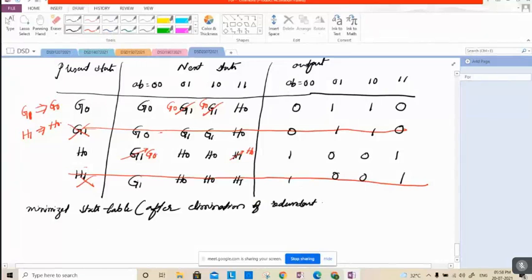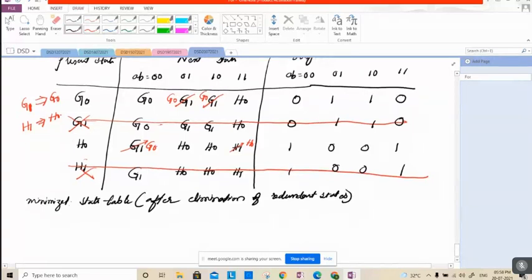I request every one of you to go through this PDF once again, or else you will have a lot of confusion. So minimized state table. Present state, next states, AB value is 0 0, 0 1, 1 0, 1 1, and outputs for 0 0, 0 1, 1 0, and 1 1.